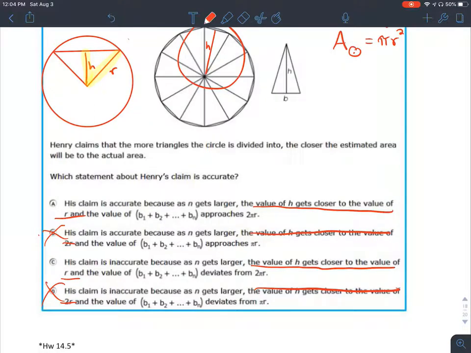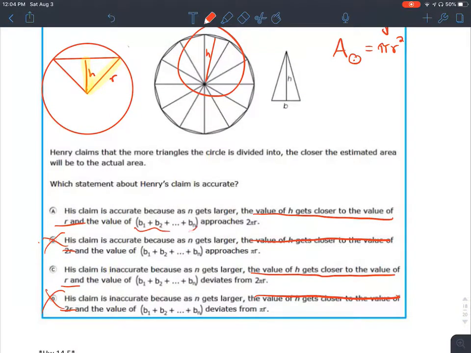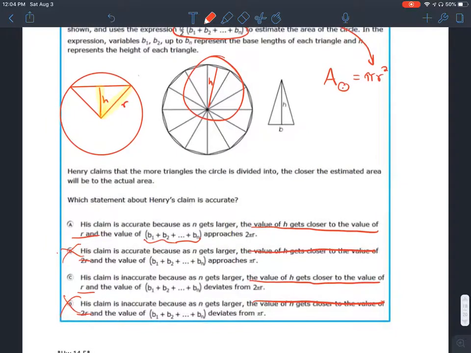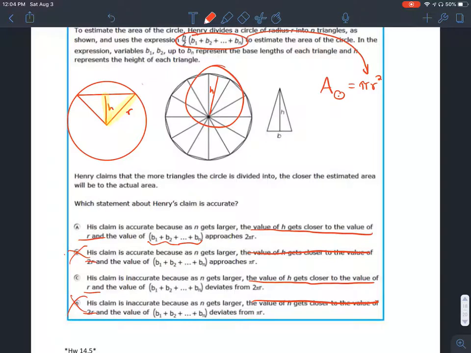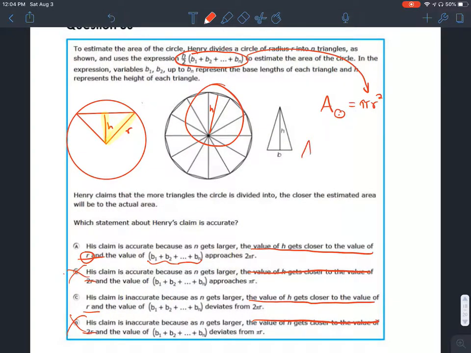Second part of A, the sum of these fellas approaches 2 pi r. Now in our formula, we're saying that the r is coming in for the h's. Let me take his formula here. He's saying the area of a circle is about h over 2 times the sum.